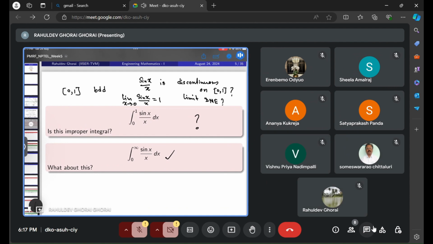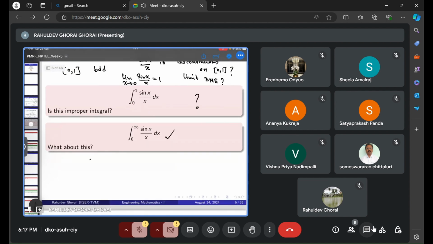Okay, so Ananya is telling something. She is telling, if you have the integral from 0 to infinity of sin x over x, you can split it as 0 to 1 of sin x over x plus 1 to infinity of sin x over x.